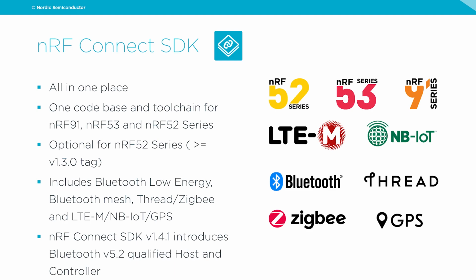And it is since the version 1.3.0 tag that you can use the nRF52 series in nRF Connect SDK. Protocol support-wise, we have LTE-M, narrowband IoT, Bluetooth, including Bluetooth Mesh, Thread, Zigbee, and also GPS. And the version 1.4.1 tag introduces a Bluetooth version 5.2 qualified host and controller.